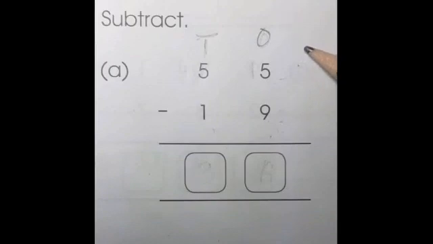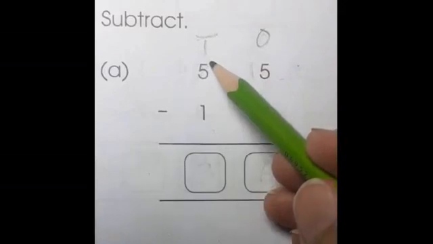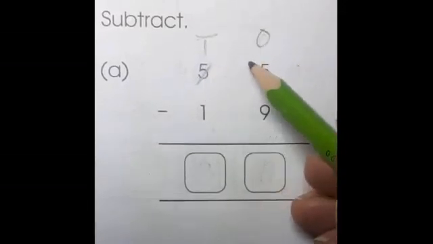Always remember that start working from the ones column, and if the top digit is smaller than the bottom digit, then you can't subtract both numbers. Now tell me, what should we do? Yes, we need regrouping. To regroup, you borrow 1 from its neighbor digit.